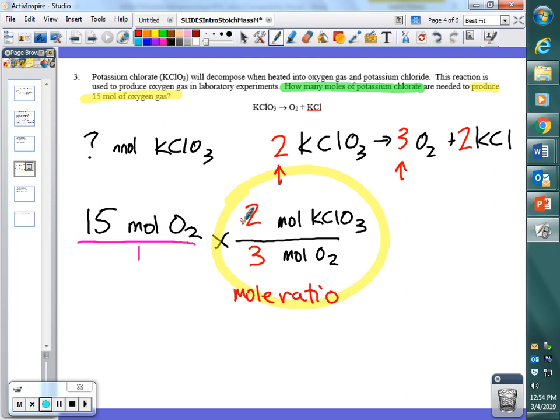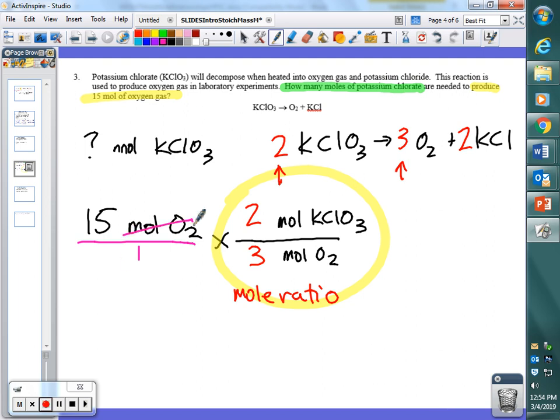It would still have the same coefficient because that's a 2 and that's a 2, but when we're setting up the mole ratio, we look at the coefficients of the formulas that are involved in this conversion. Okay? All right, good?